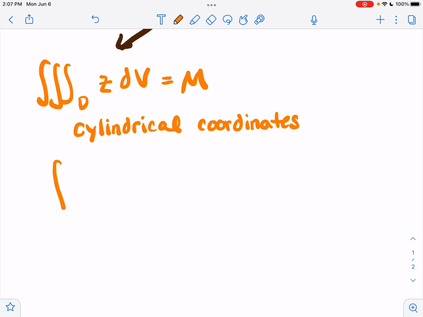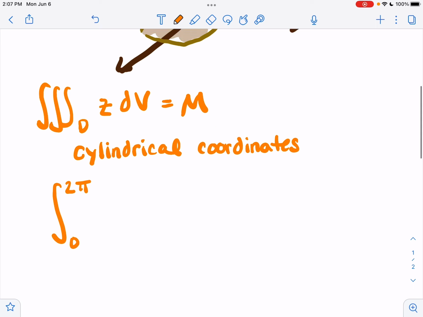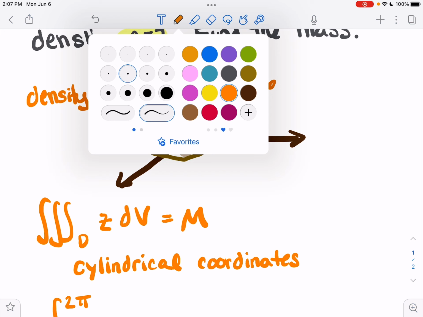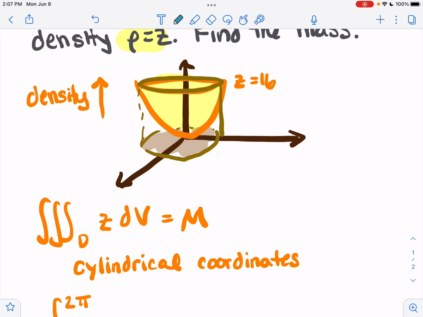In cylindrical coordinates, we want to go from 0 to 2 pi in theta. We're going all the way around that circle down there. We actually need to know the equation of that circle in order to proceed, and we can find it. The equation of the circle is found by looking at the intersection of z equals x squared plus y squared with z equals 16.